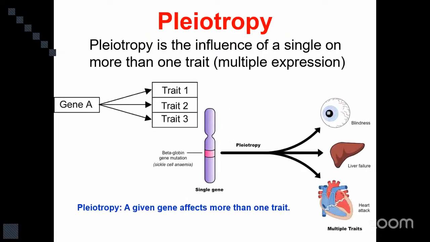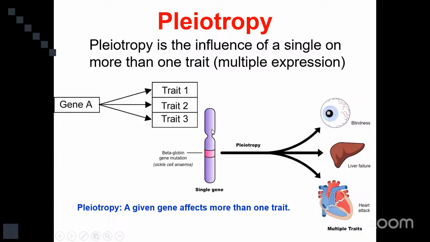Now, the other thing we need to talk about is what we call pleiotropy. Pleiotropy is the influence of a single gene on more than one trait. So what does that mean? It has multiple expression. If you look at this particular instance, you have gene A. Gene A, because it's defective, can produce trait 1, trait 2, trait 3.